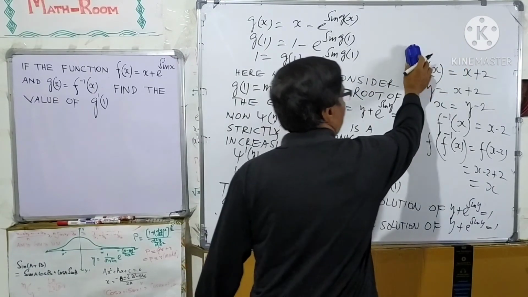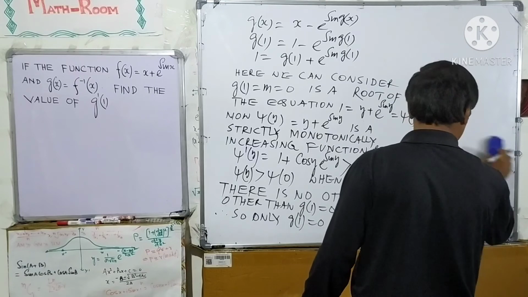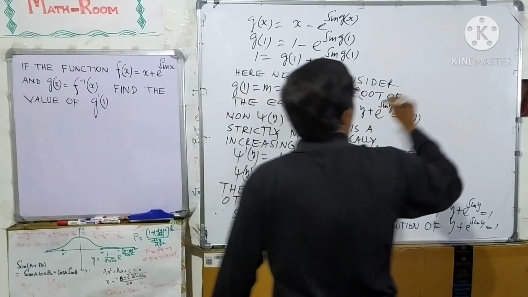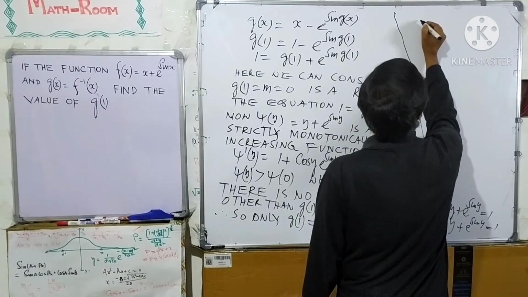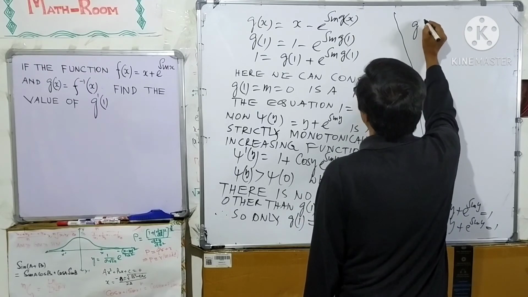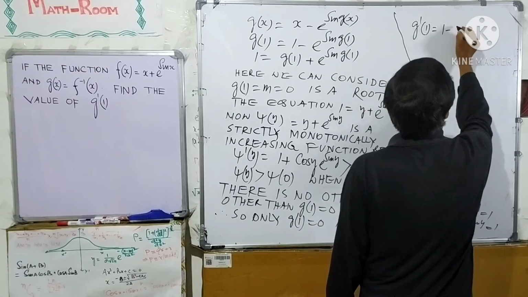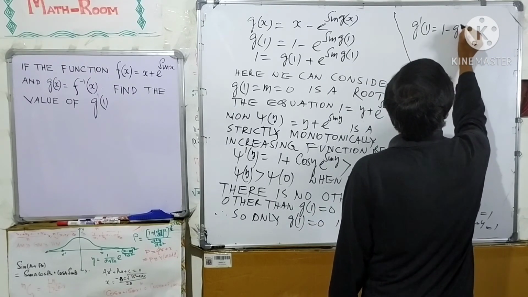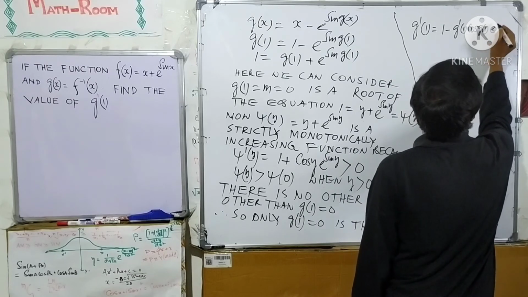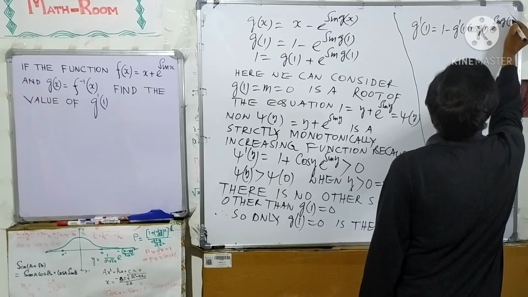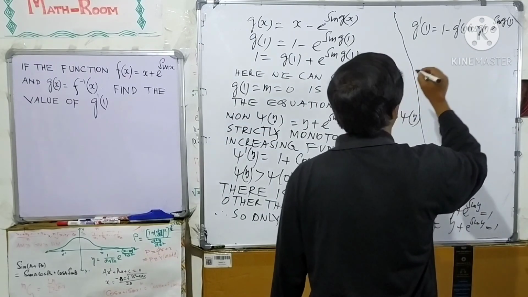We have already got the relation g dot 1 equals 1 minus g dot 1 cos g1 e to the power sin g1. Here we can put g1 equal to 0.